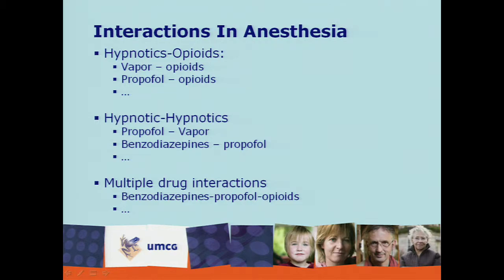But in anesthesia, we focus on the interaction of hypnotics with opiates, hypnotics with other hypnotics, and multiple drug interactions, for example, as I told you here, benzodiazepines with propofol and opiates. But you can imagine that you could also study the interaction of two anticoagulants, of two neuromuscular blocking agents, of aspirin and paracetamol.